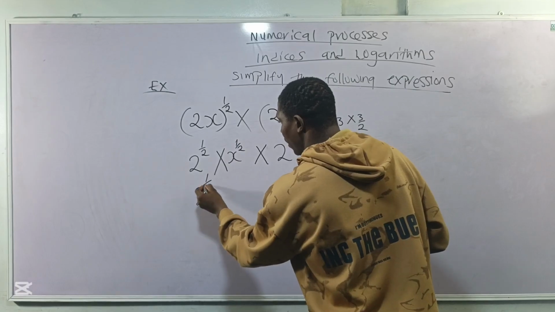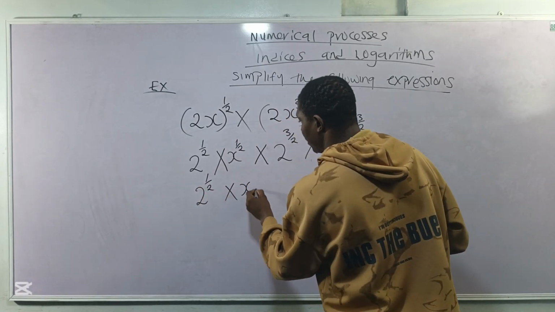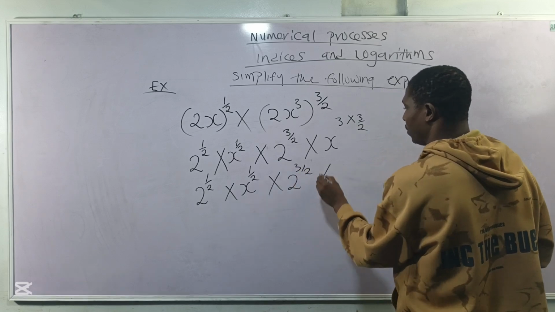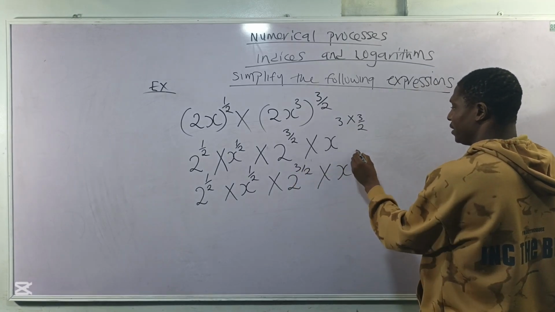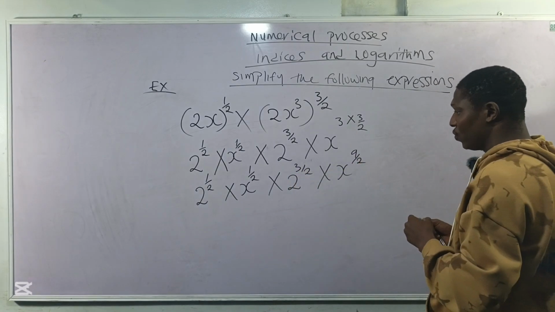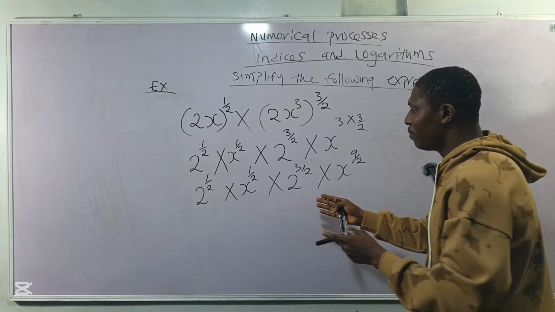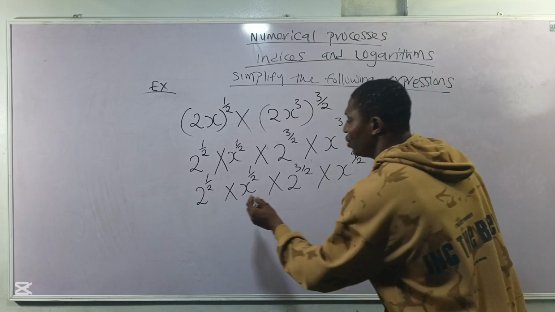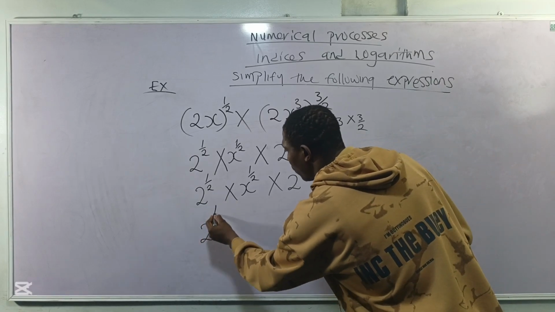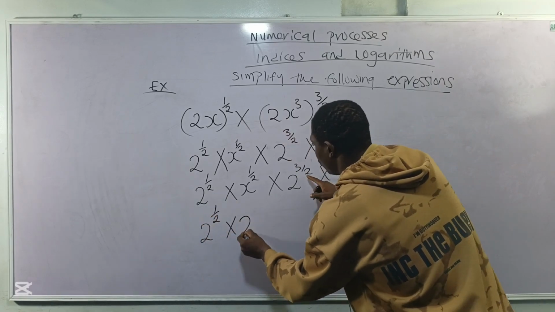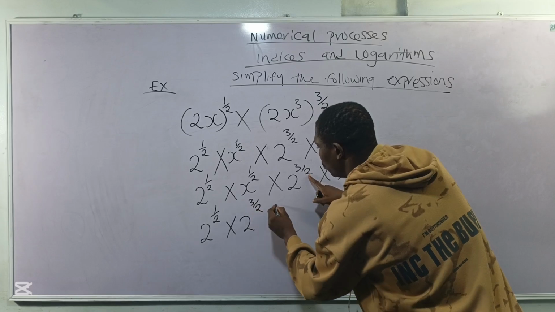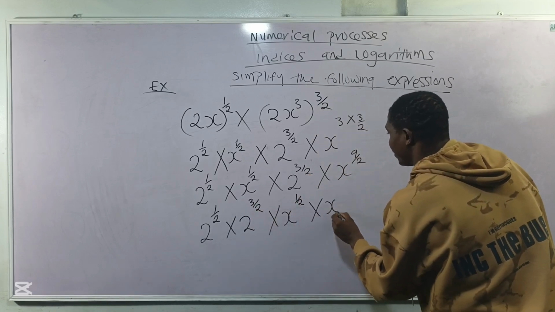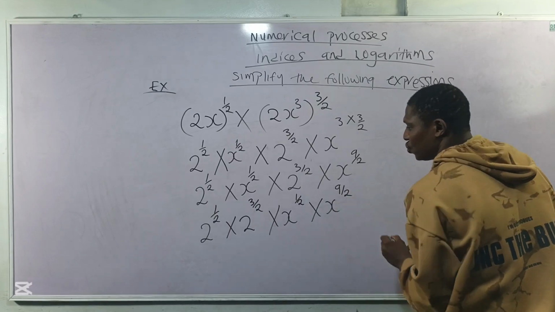This remains 2 raised to power half times x raised to power half times 2 raised to power 3 over 2 times x raised to power 3 times 3, 9 all over 2. Now focus, I'll combine the terms that are alike in terms of base. So I'll have 2 raised to power half times 2 raised to power 3 over 2 times x raised to power half times x raised to power 9 over 2.